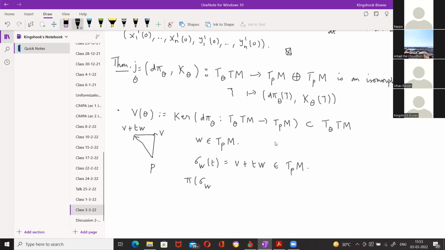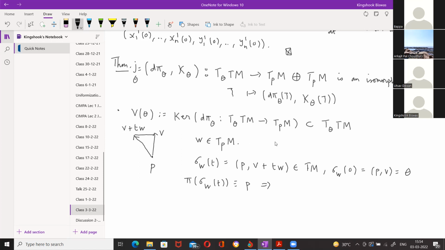Then sigma w of 0 is equal to pv, which is my theta. And pi of sigma w of t is constant, equal to p.